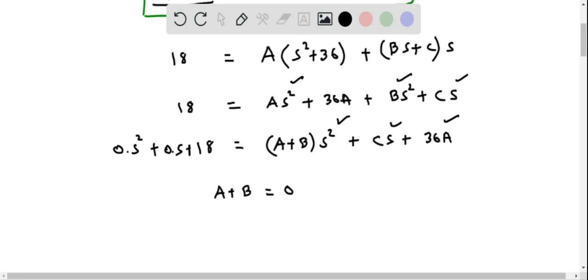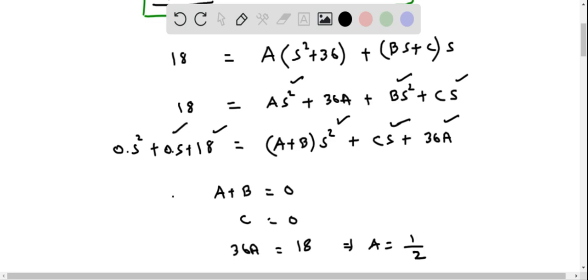Similarly, when we equate the coefficient of s, which is C, this is 0 here, so C equals 0. And when we equate the constant term, that is 36A, we see that it equals 18. So we write 36A equals 18, and from this we can solve for A, which gives A equals 18 by 36, or half.